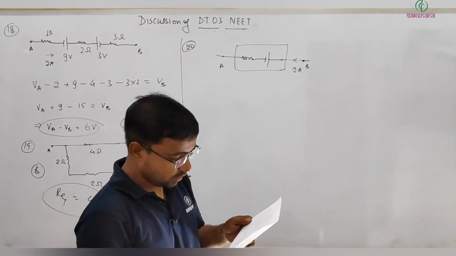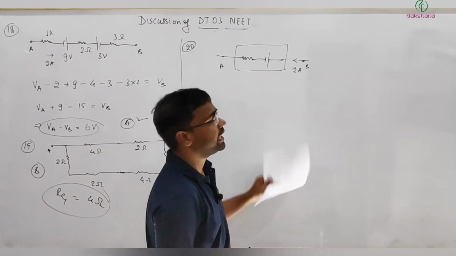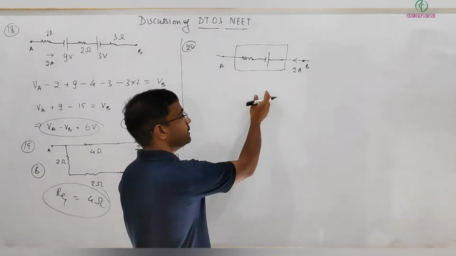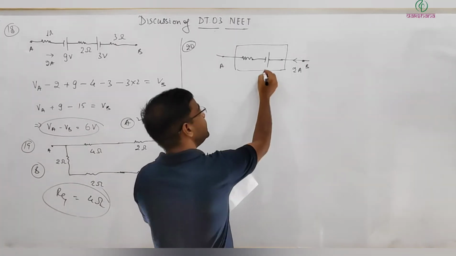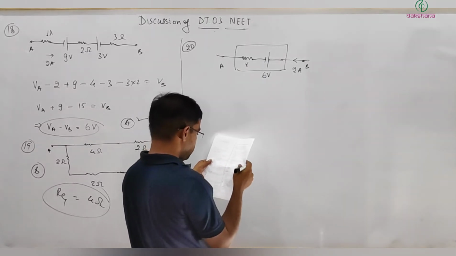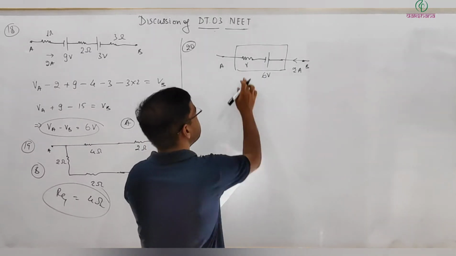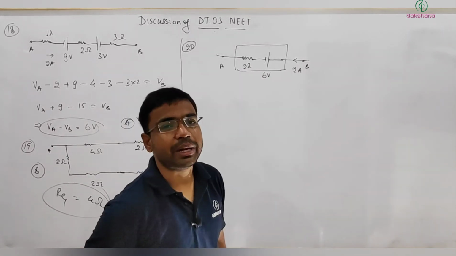The potential difference across the terminal of the cell. So definitely B will be at higher potential. We can go from either way. EMF is 6 volt, it's given, and internal resistance is also given, yes, internal resistance is 2 ohm. So now we need to find VB minus VA.